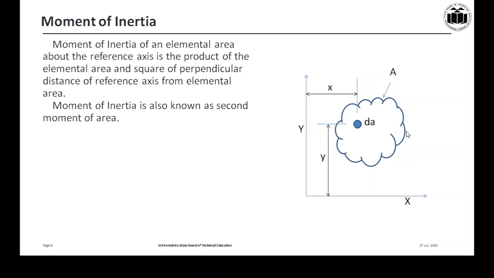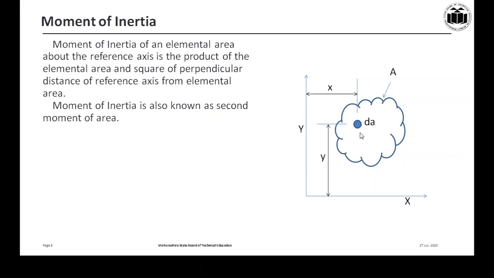Figure shows an irregular area A, and within that area a small area, elemental area, is shown and named as dA. The perpendicular distance of reference axis x from the elemental area dA is shown as y, whereas perpendicular distance of reference axis y from the elemental area is shown as x.